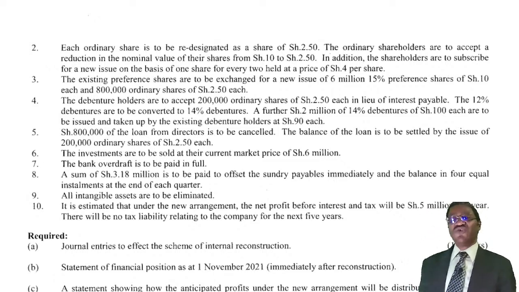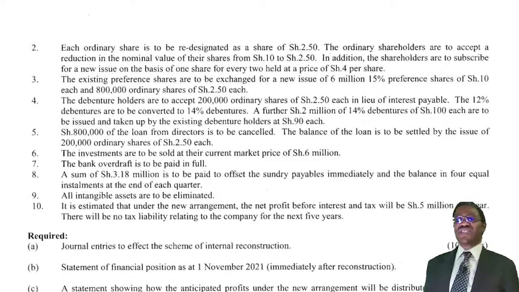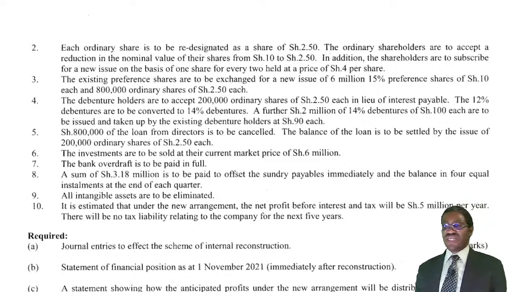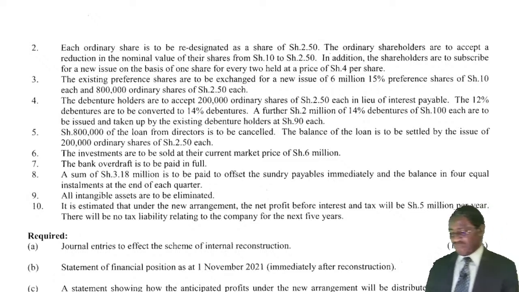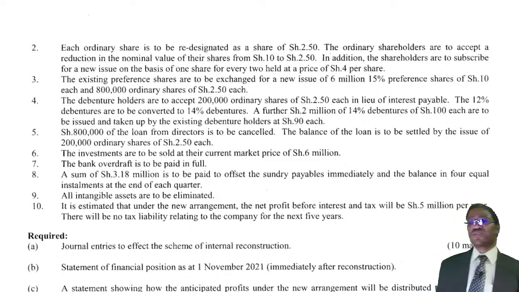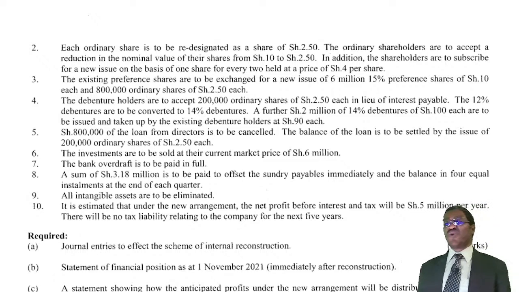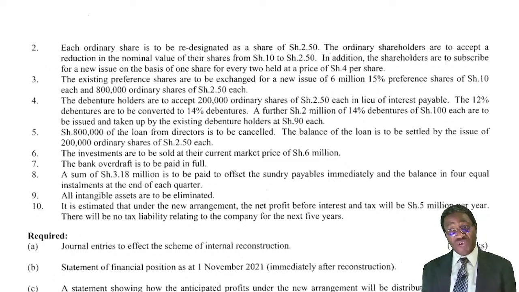Take your calculator. Give me the value of the ordinary. We are replacing with the ordinary what? How much? 2 million. Good. That is 800 times 2.5.